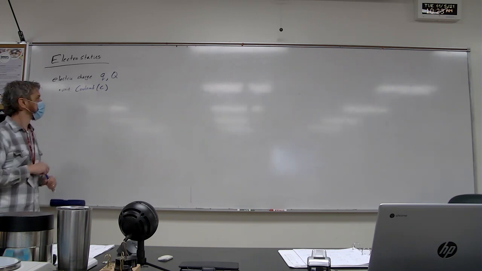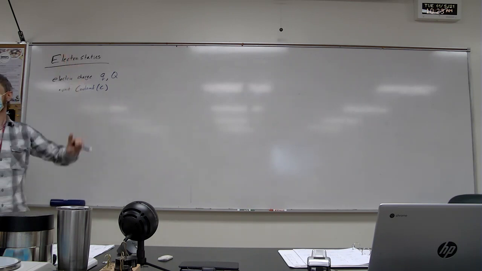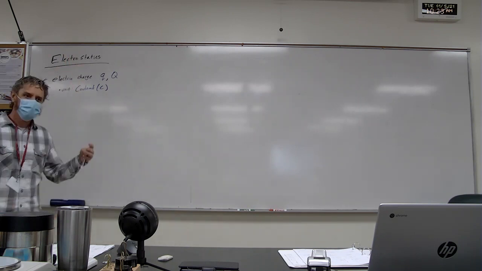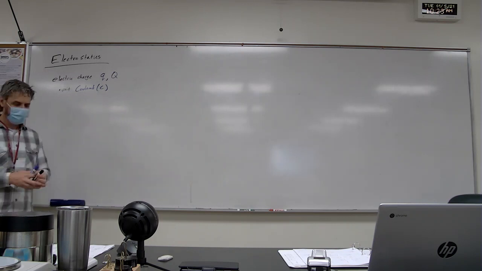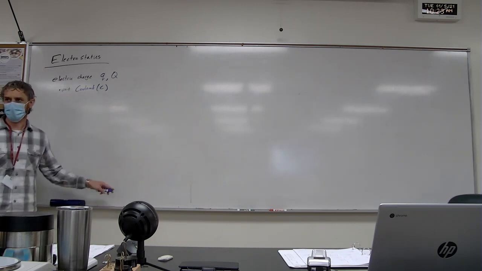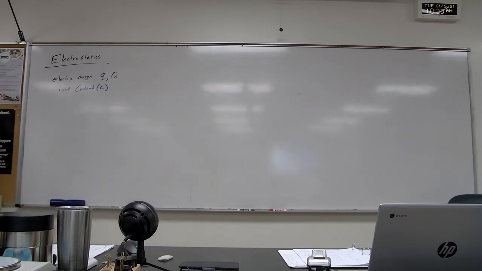Benjamin Franklin pioneered electrostatics. He's a great scientist. He just was great at a lot of other things too, and so that's what he's most known for. Very interesting historical figure.